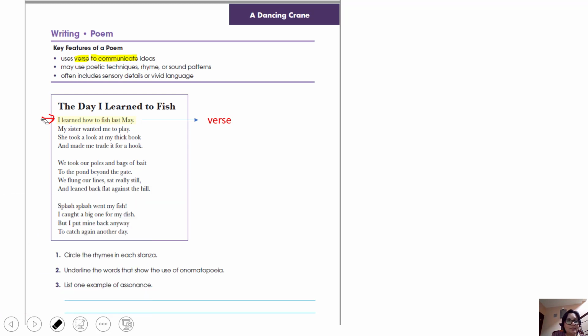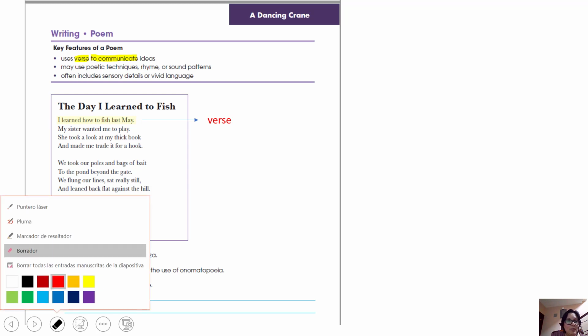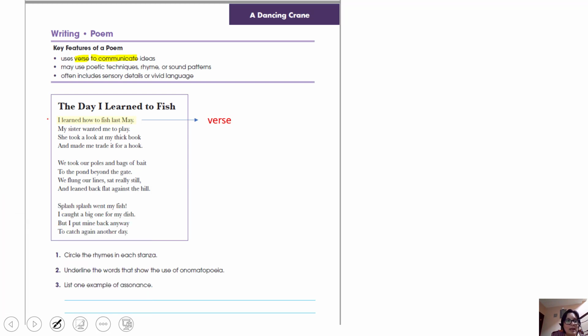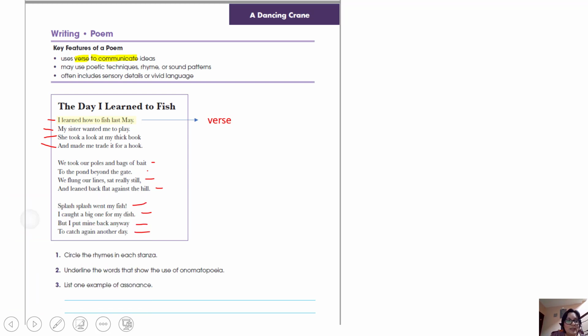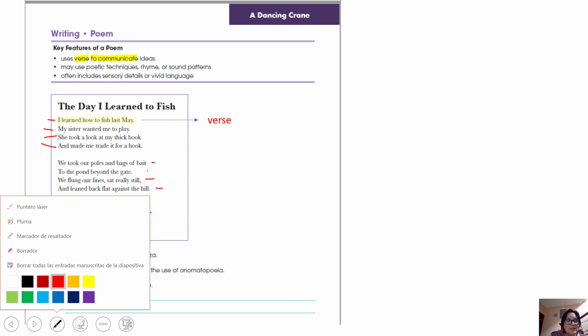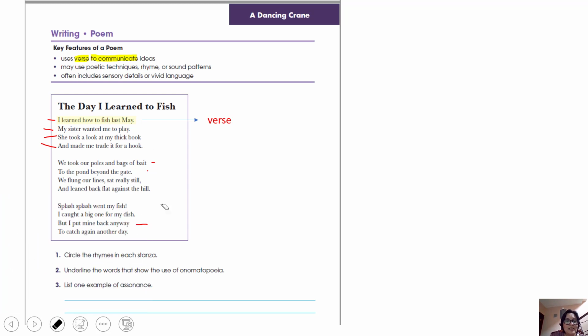So if you can see, from here to here, I have one verse, 2, 3, 4 verses. And in here I have another 1, 2, 3, 4. Those are verses. Or they are like sentences, but in poems we say verses.